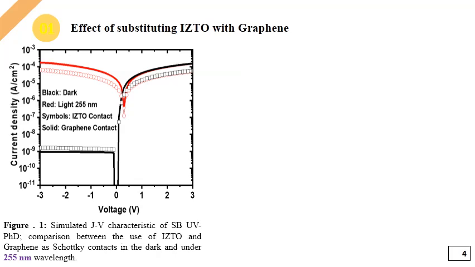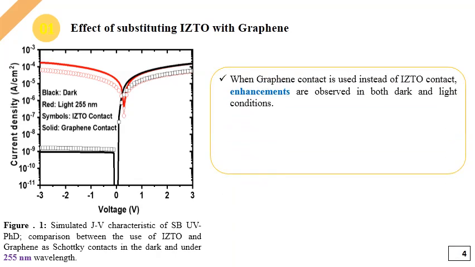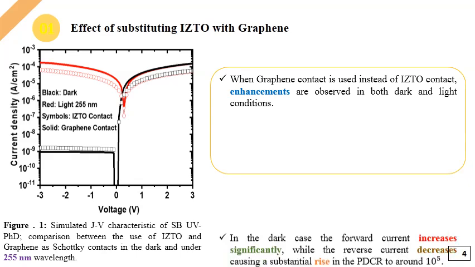Figure 1 illustrates the IV characteristics in reverse and forward bias for both cases, graphene and IZTO as Schottky contacts, at 255 nanometer wavelength and in the dark condition. When the graphene Schottky contact is used instead of the IZTO contact, enhancements are observed in both dark and light conditions.